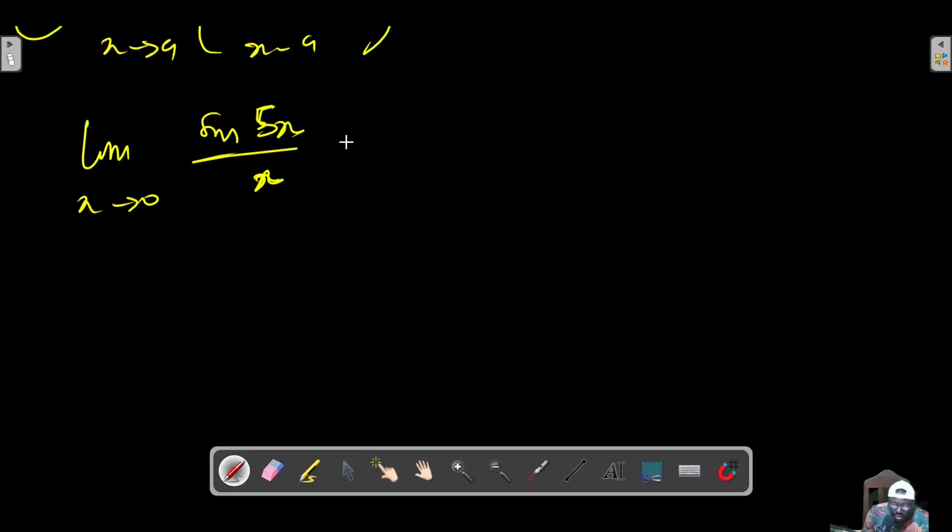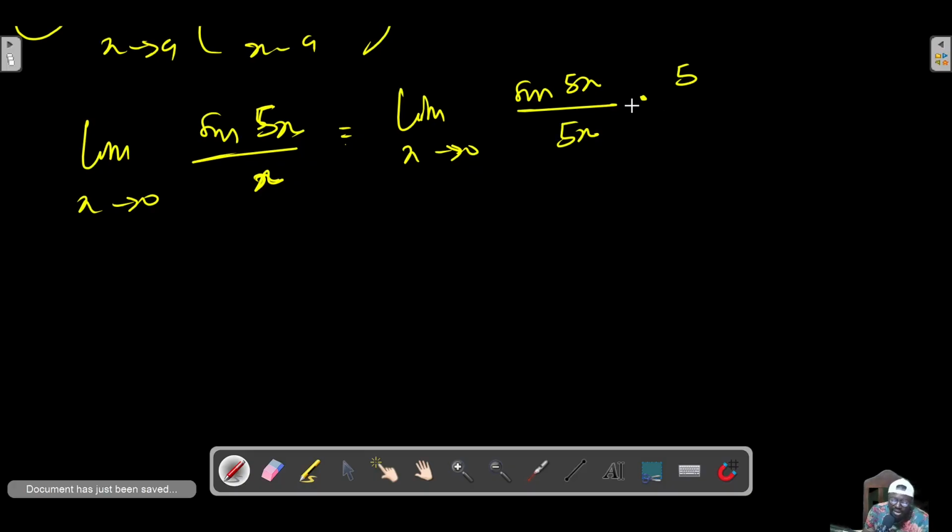Now, I can write this as the limit as x approaches 0 of sine 5x divided by 5x, then multiply here by 5, because I've multiplied the denominator by 5, so I would have to multiply the numerator by 5. Then I can apply the product rule of limit.